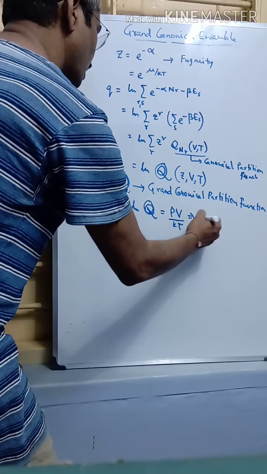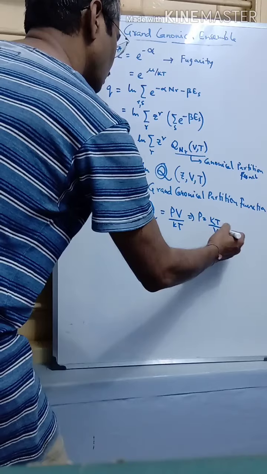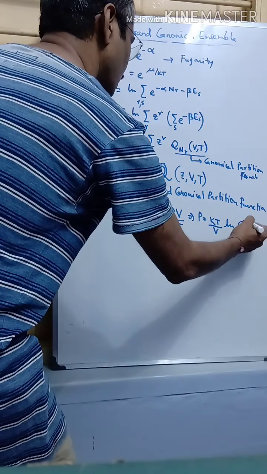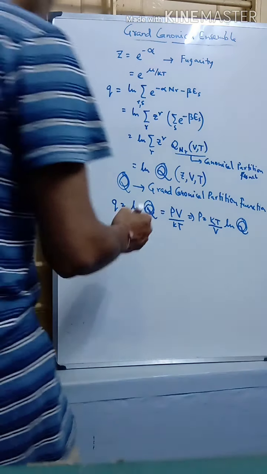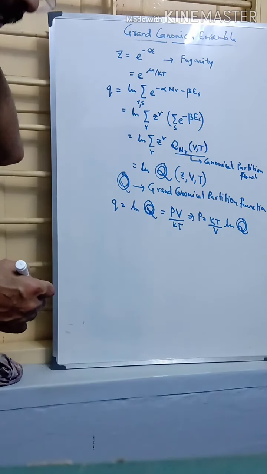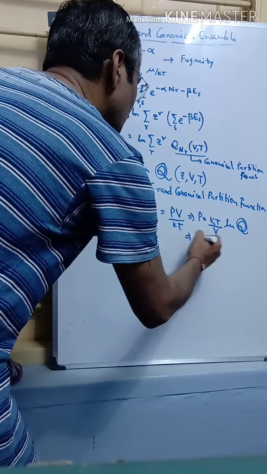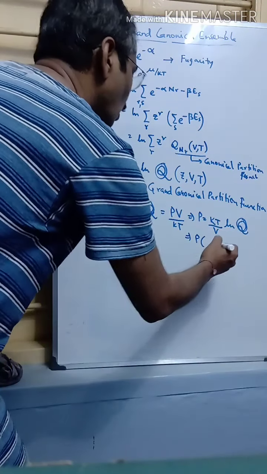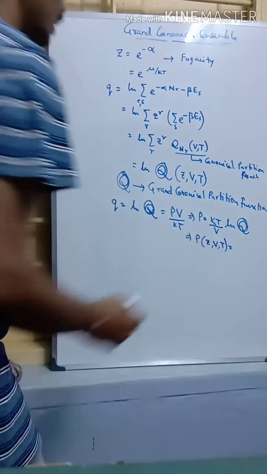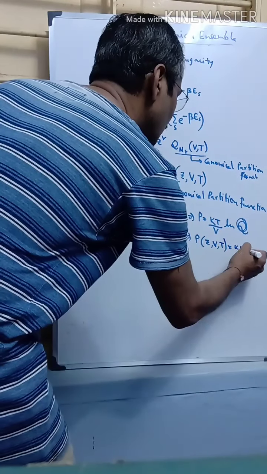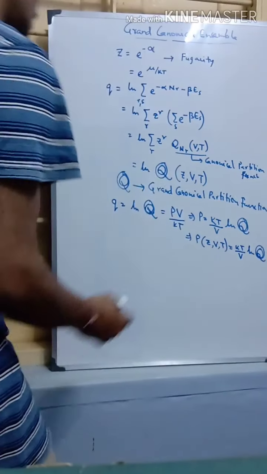So from here one can very easily define P. We can say P as a function of z, V, T in the grand canonical scheme can be written as KT by V ln of the grand canonical partition function.